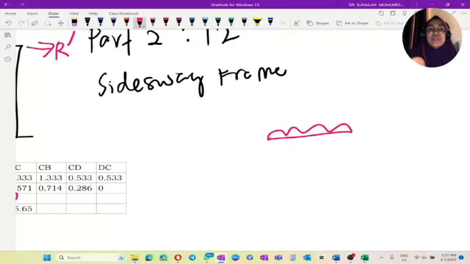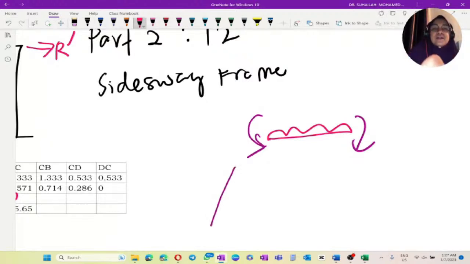This UDL will give us this FEM, and this FEM, and let's say AB has no load, so it's just zero here.